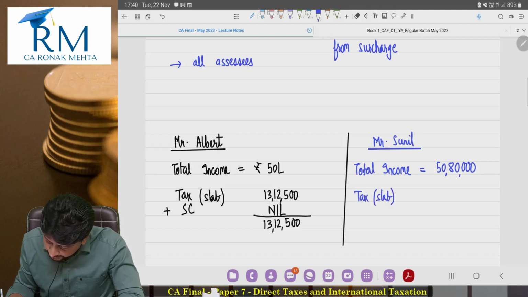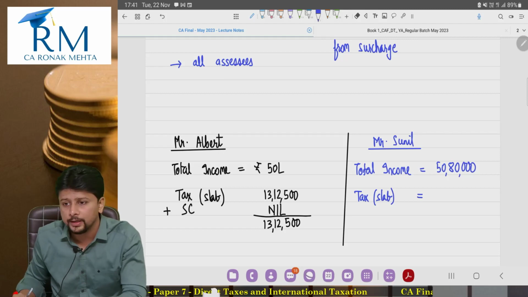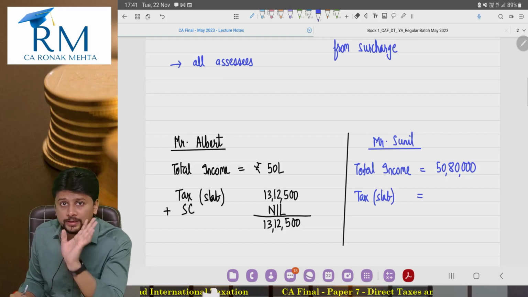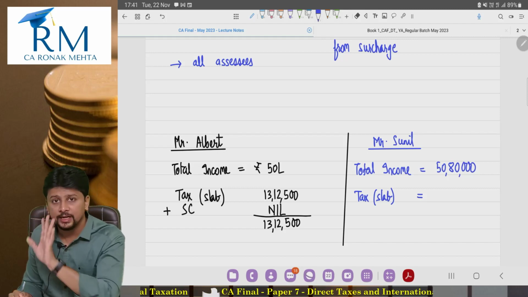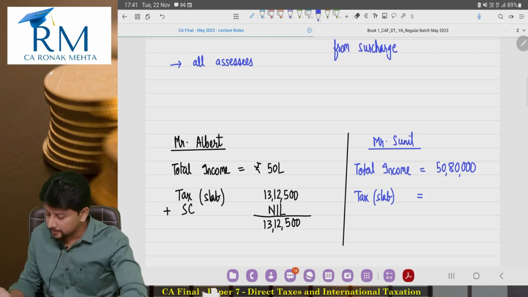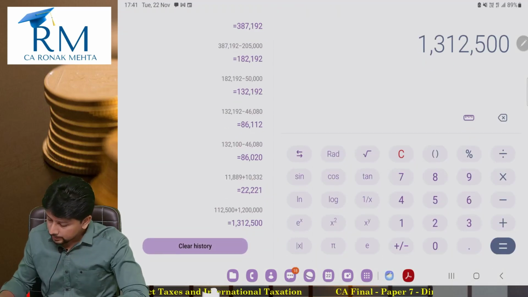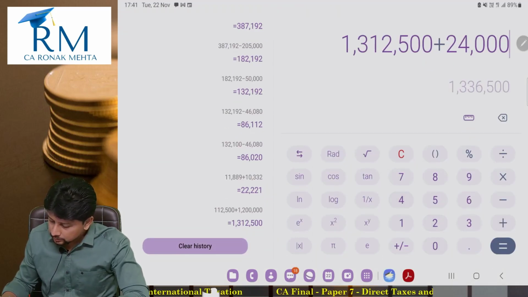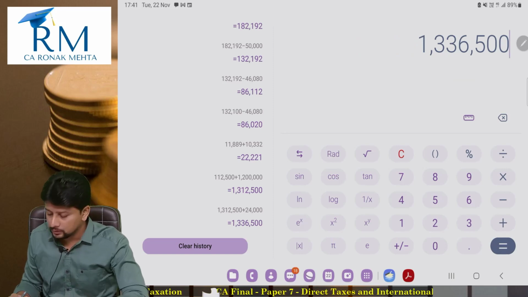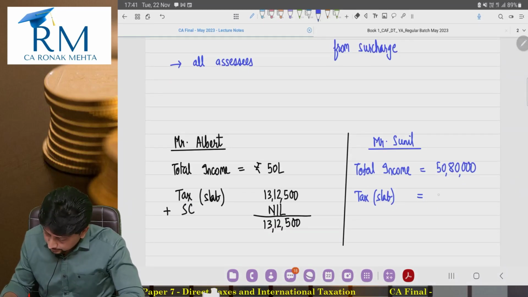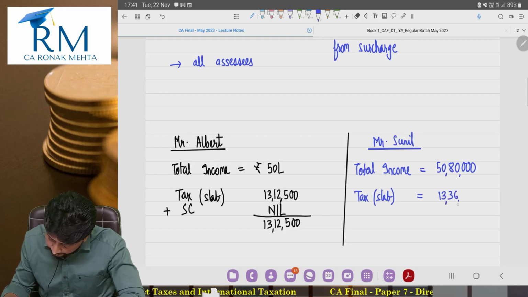So he will have to pay tax according to slab rates. Now the tax according to slab rate is going to be very easy to calculate. On 50 lakh rupees, the tax is 13,12,500. He is earning an extra 80,000, which falls in the 30% bracket. So 30% of 80,000 will be 24,000. So this Mr. Sunil will have to pay an additional 24,000. His basic tax will be 13,36,500.